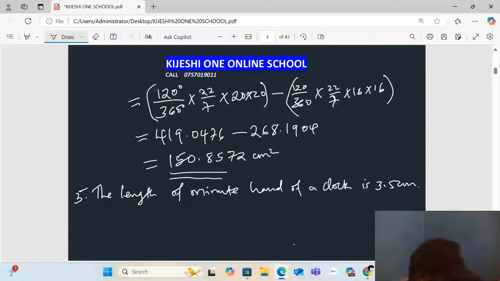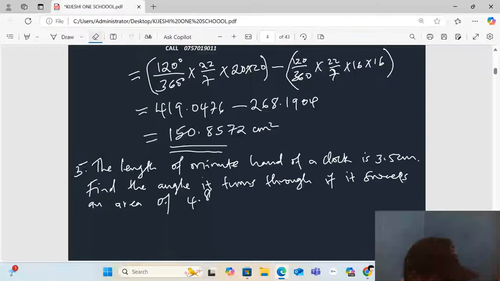Find the angle it turns through if it sweeps an area of 4.8 square centimeters.